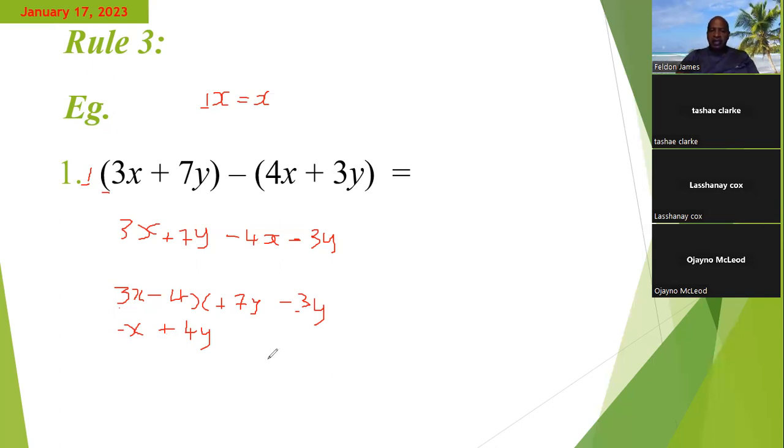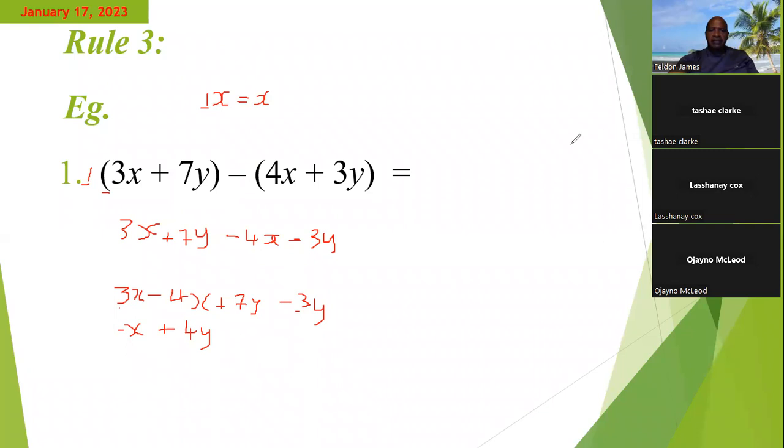It doesn't work like that, because here we don't know what y is and we don't know what x is. So we cannot take away x from y if they are not the same. All right.